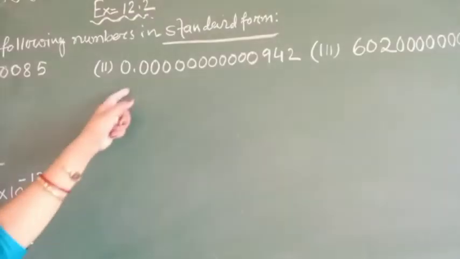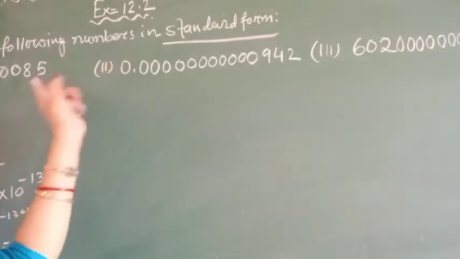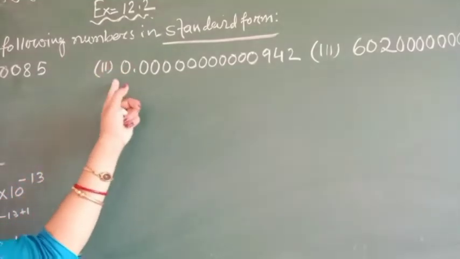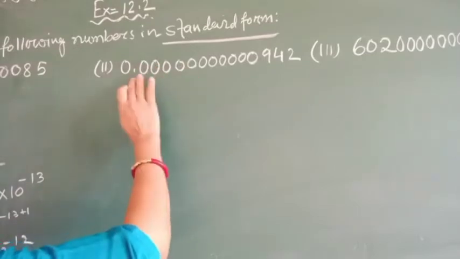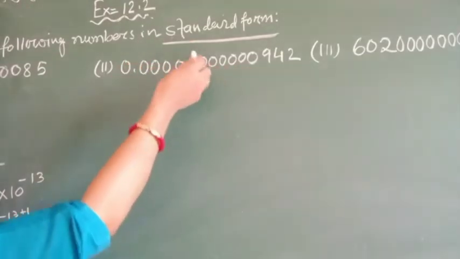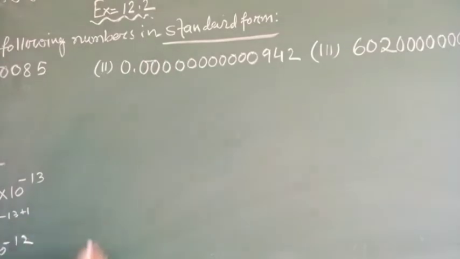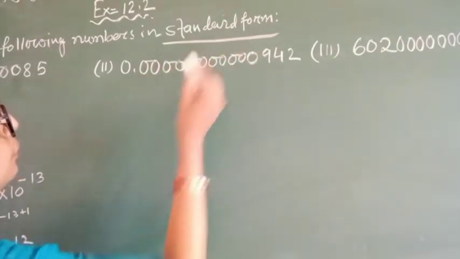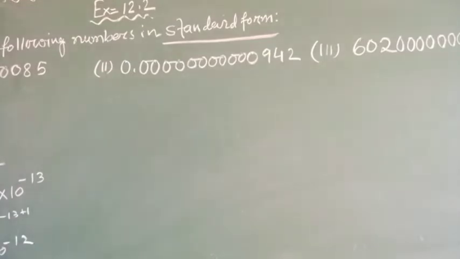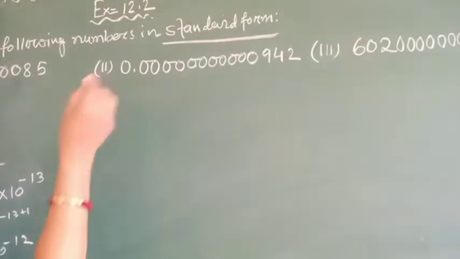Now look at this number, the same kind of number as we expressed in question number 1. Now question number 2. See how many zeros are there, 0 point something, a very small number. We want to express it in standard form. 1, 2, 3, 4, 5, 6, 7, 8, 9, 10, 11. Again 11 zeros are there, and when we want to express it in standard form, what will I do?